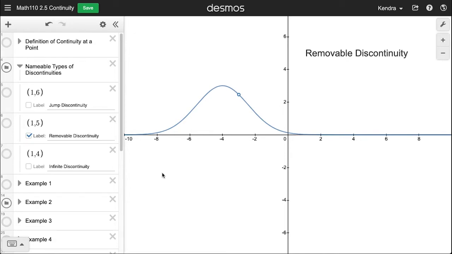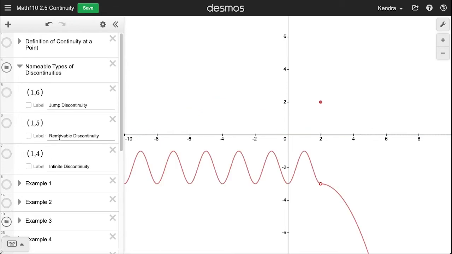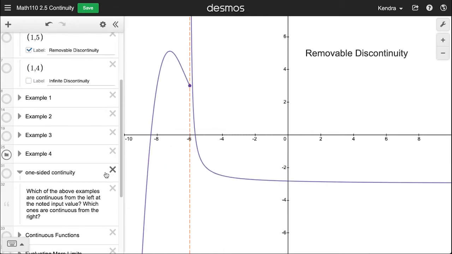So that means at that place where that limit exists, this is neither continuous from the right nor the left. And this one, again, removable discontinuity, and it's not continuous from the left, it's not continuous from the right, because the limit as x approaches 2 of this function looks like around -3, but the output value is actually 2. Let's look at example 4.